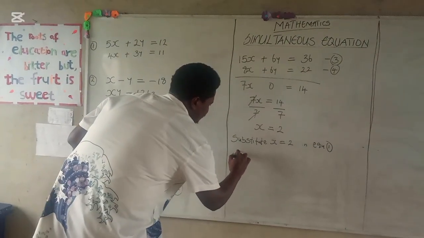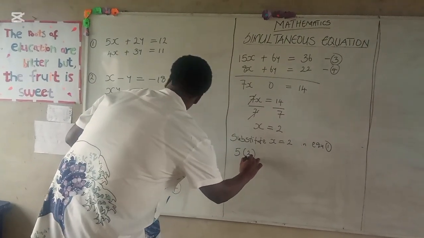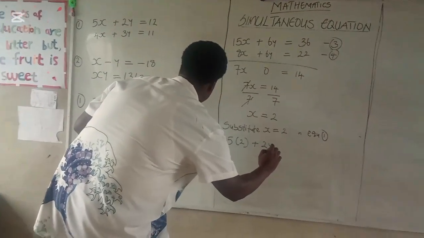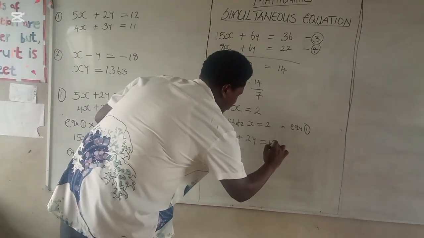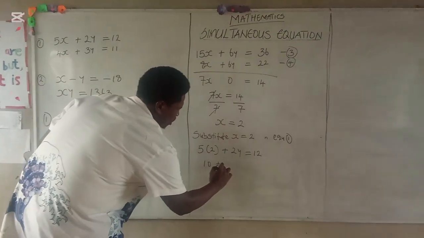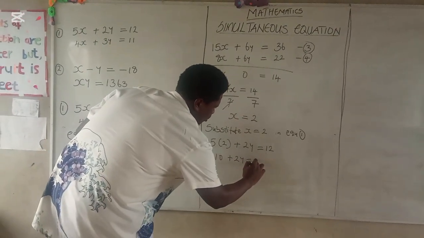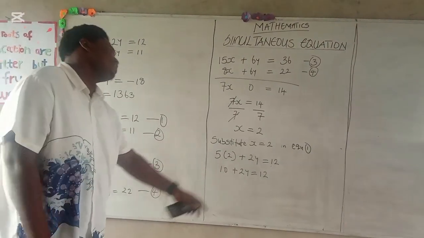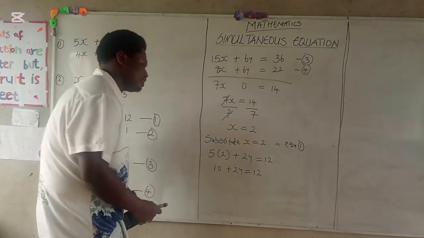In equation 1, wherever we see x, we are going to insert 2. So we have 5 into 2 plus 2y equal 12. So 5 times 2 will give us 10 plus 2y equal 12. At this point, don't forget we are looking for the value of y, so we'll try to isolate y.